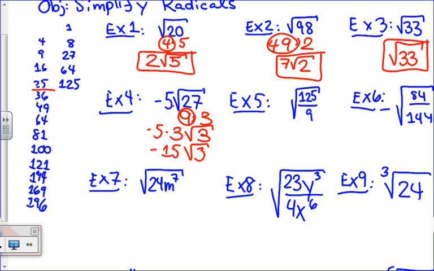Okay, number 5. I'm going to give you a minute to do this by yourself. You know how to do the fractions. You're going to do the square root of the top and do the square root of the bottom.